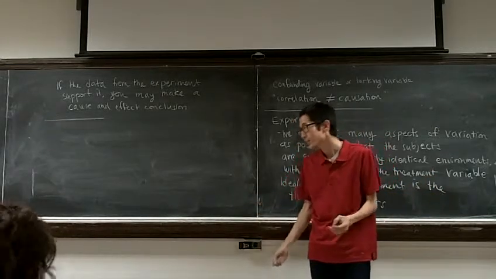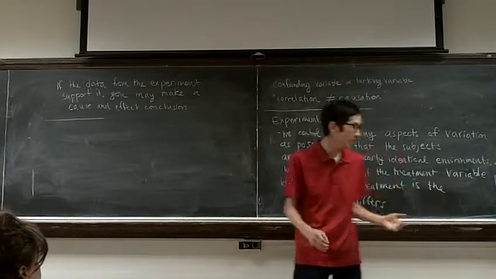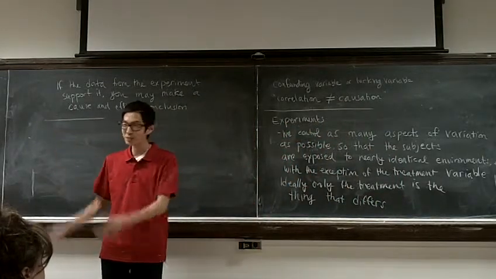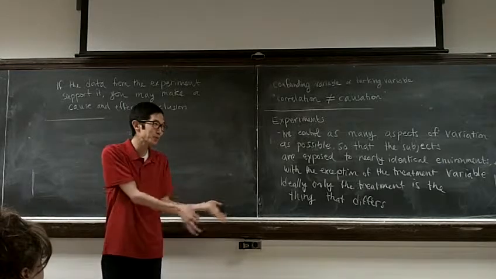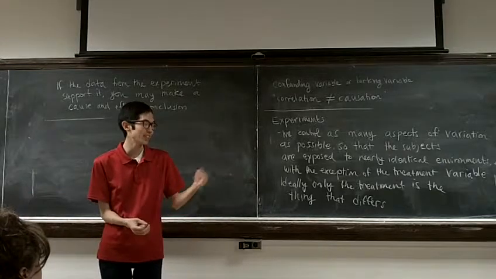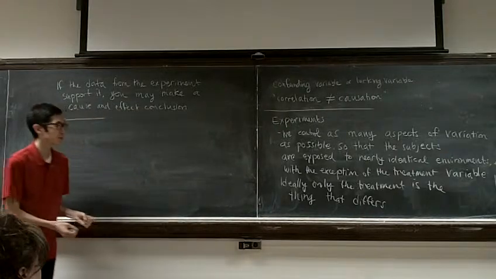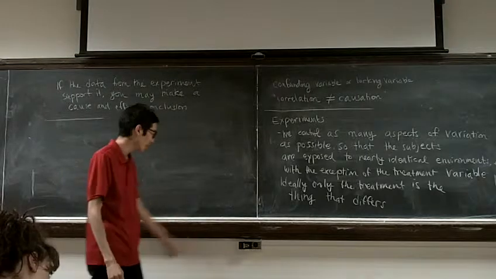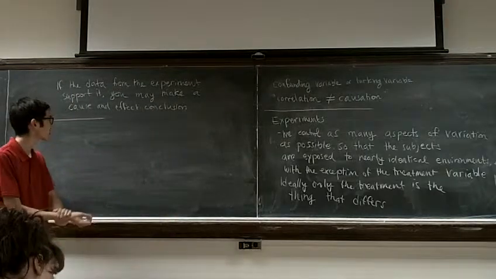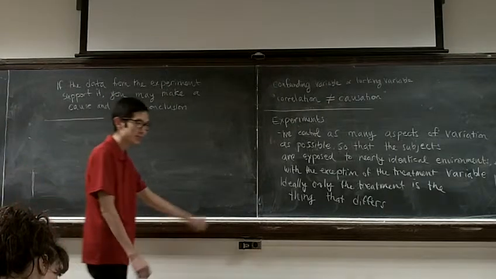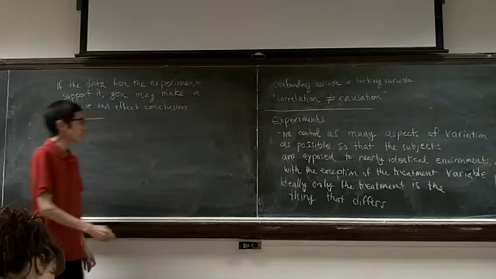But ideally we could just do experiments: we got a bunch of people, these people we stuck under the sun, and these people we kept in a dark room, and this is what happened. You can have stronger conclusions, but of course that would be unethical, so you can't do that. Experiments have their place, observational studies have their place.